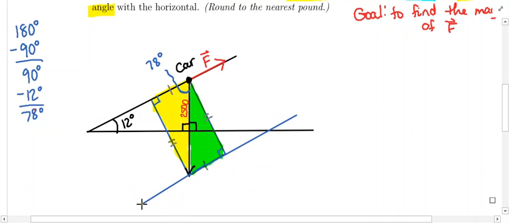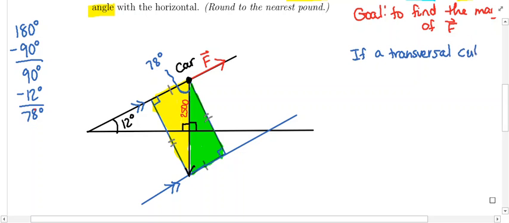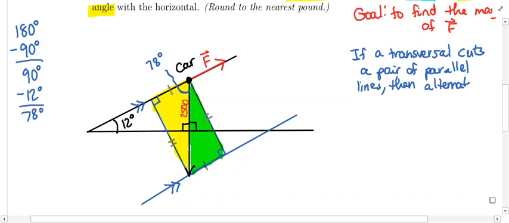We've got this line. What's happening here is that this line is parallel to this line. What you should have learned from high school geometry, and I'm going to write it down: if a transversal cuts a pair of parallel lines, then alternate interior angles are equal.